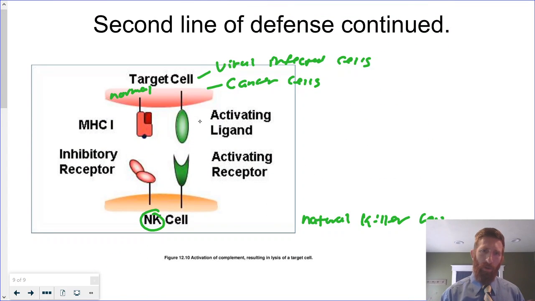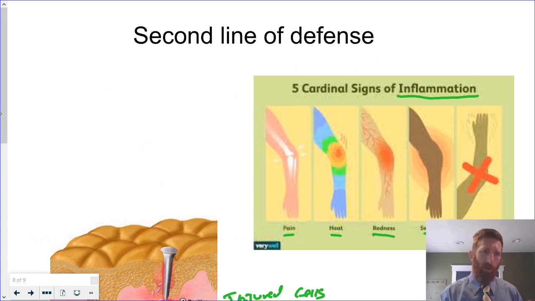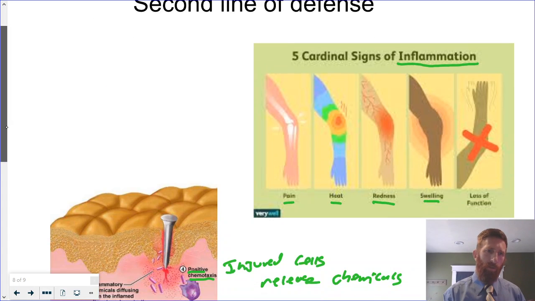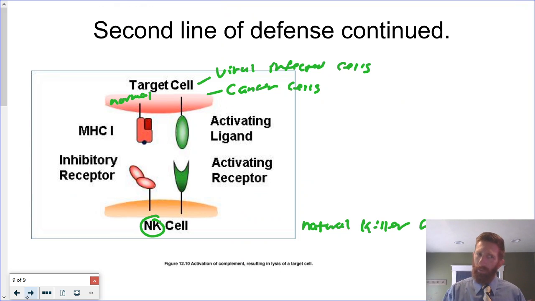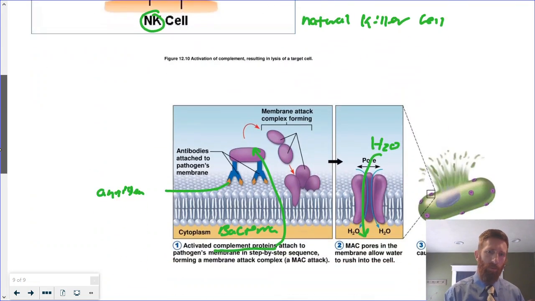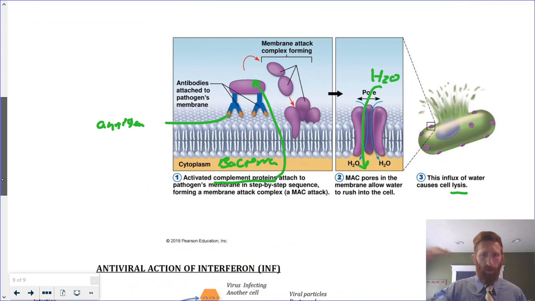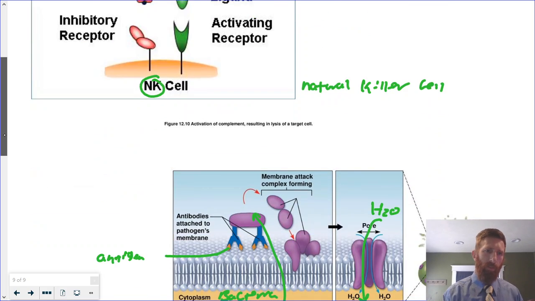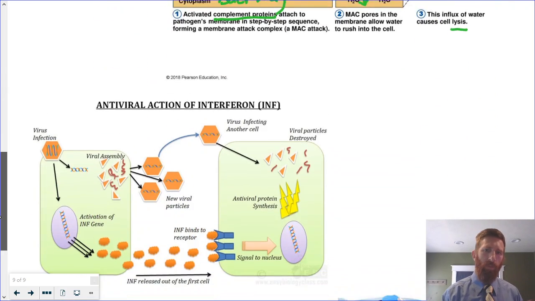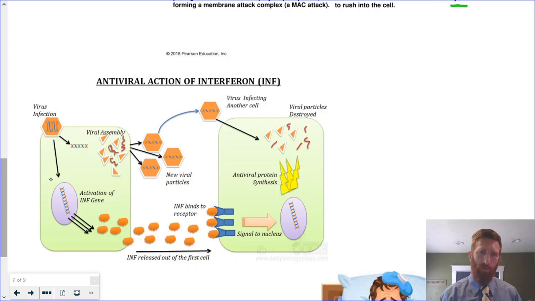The last one, the macrophages, was against bacteria too. So we're kind of seeing different strategies that the body has for dealing with viruses versus bacteria, right? So we started out with bacteria, and then the natural killer cells are against the virus and cancer, and then the complement proteins are against the bacteria, right? Now this one we're going back, so these are against the viruses.